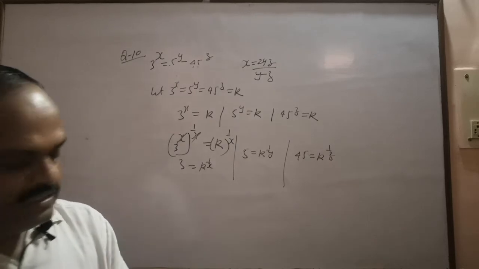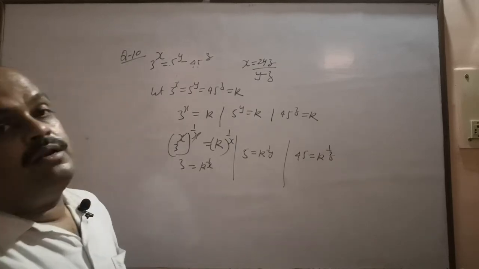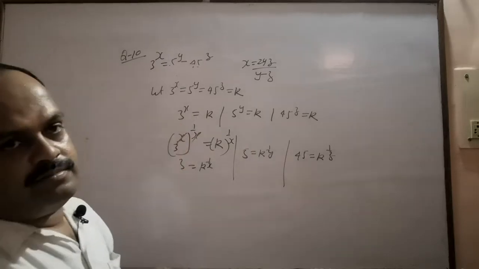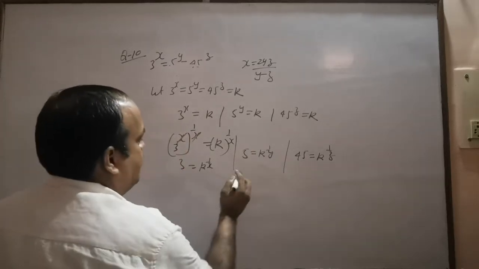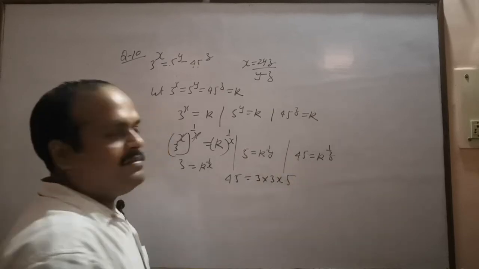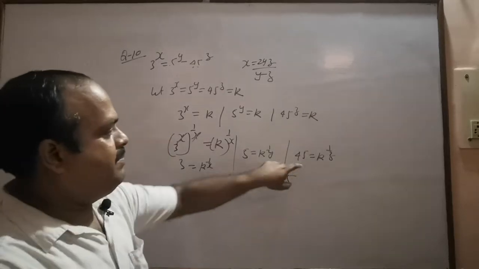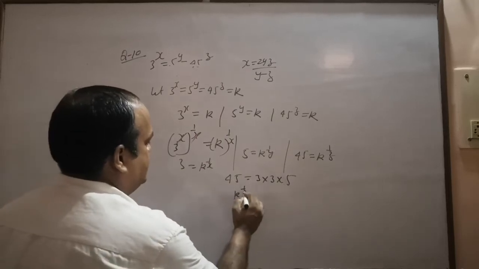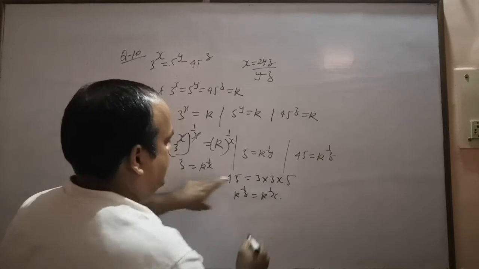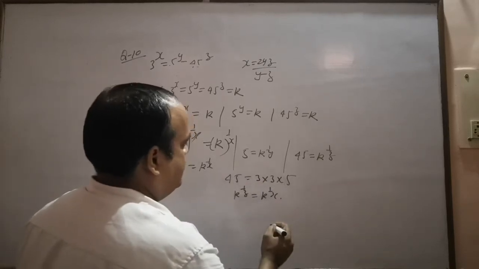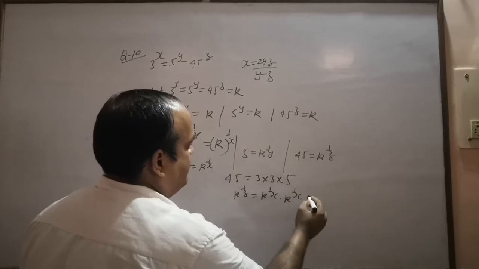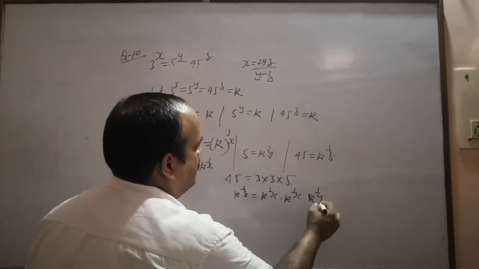That trick is we will write the prime factorized form of 45. 45 equals 3 into 3 into 5. 45 can be replaced by k to the power 1 by z. 3 can be replaced by k to the power 1 by x. Another 3 can be replaced by k to the power 1 by x. 5 can be replaced by k to the power 1 by y.